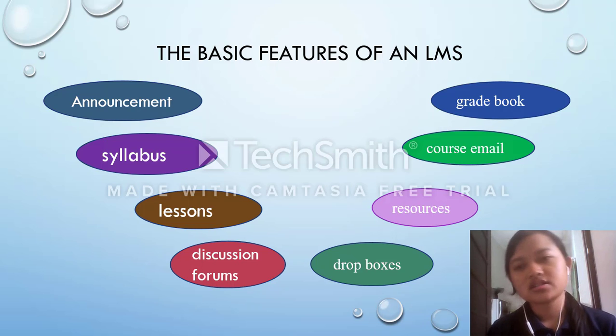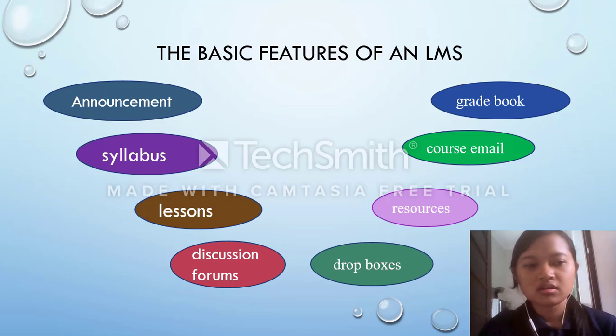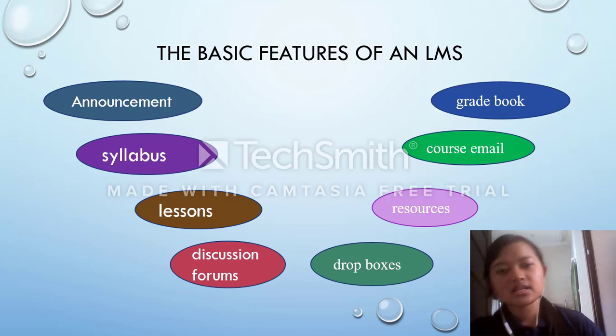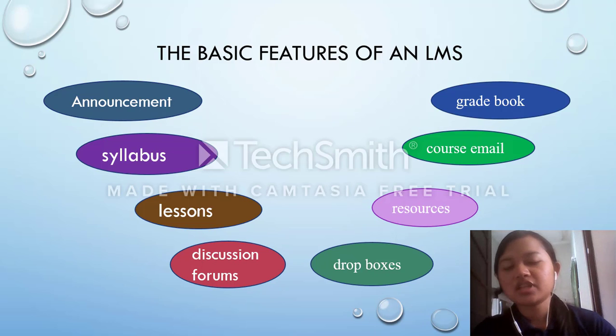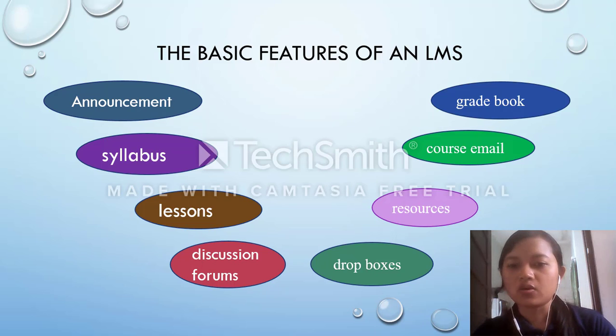The syllabus is an important component of the course environment. The syllabus provides structure and expectation regarding the course. Therefore, students must review the contents of the syllabus to be able to familiarize themselves with the requirements of the course.